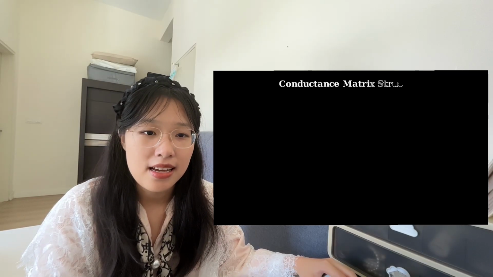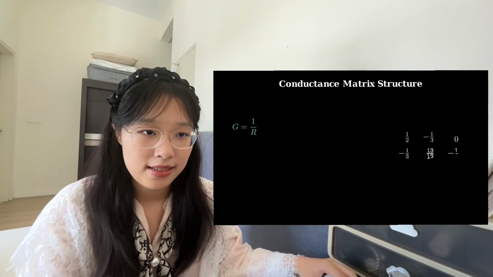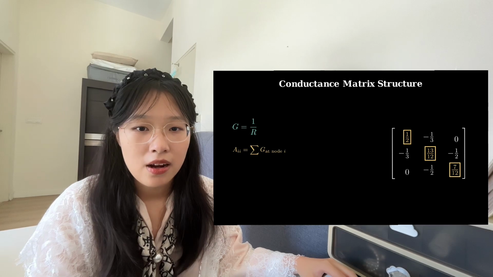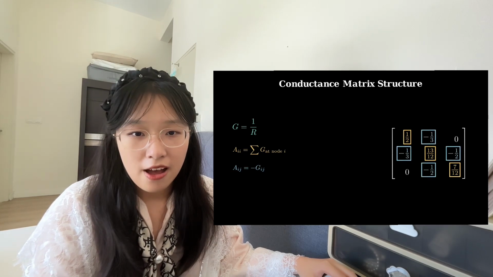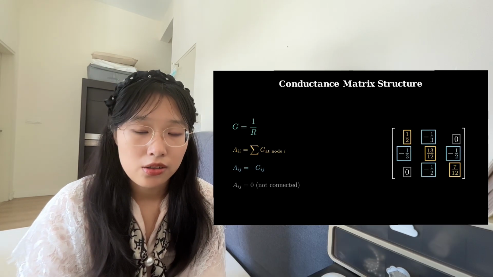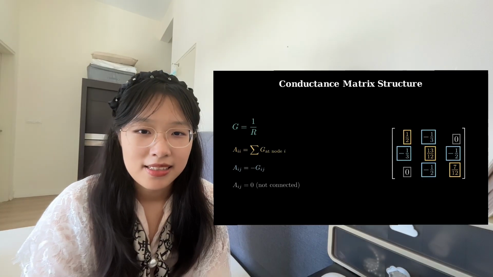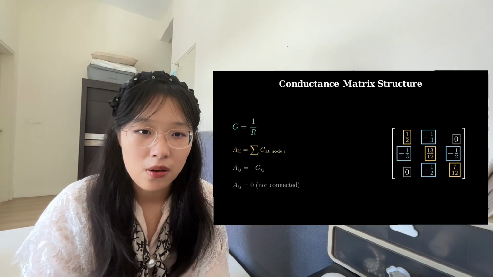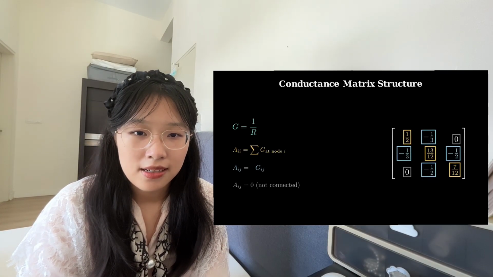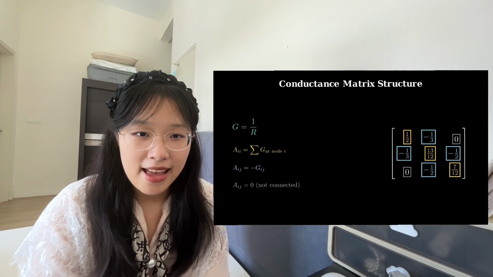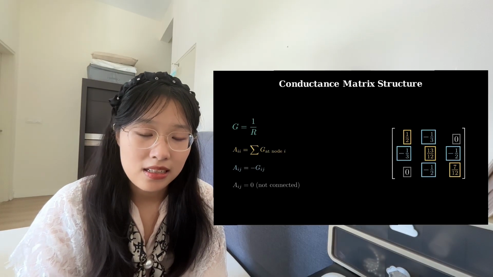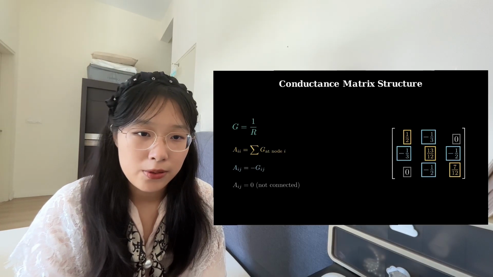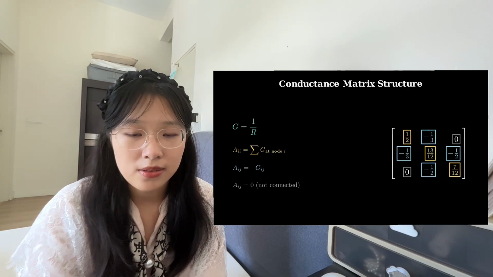Now we focus on the mathematical structure of the matrix. In nodal analysis, the coefficient matrix is called the conductance matrix. Conductance is the reciprocal of resistance, G = 1/R. The entries of the matrix follow fixed rules. For the diagonal entry Aii, we add all conductances connected to node i: Aii equals the sum of G connected to node i.